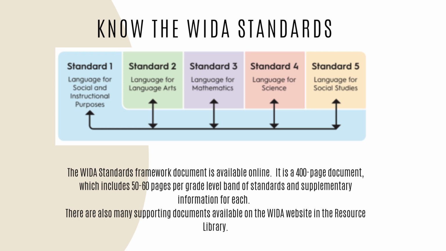So it wouldn't be a bad idea to find that document and find the 50 or 60 pages that have to do with your grade level band to get a better understanding of what the standards are. You'll see a lot of overlap with the Indiana standards, and you'll see that each of these standards then breaks down further, just like the Indiana standards do. There are also many supporting documents available on the WIDA website in that resource library that I referred to earlier.